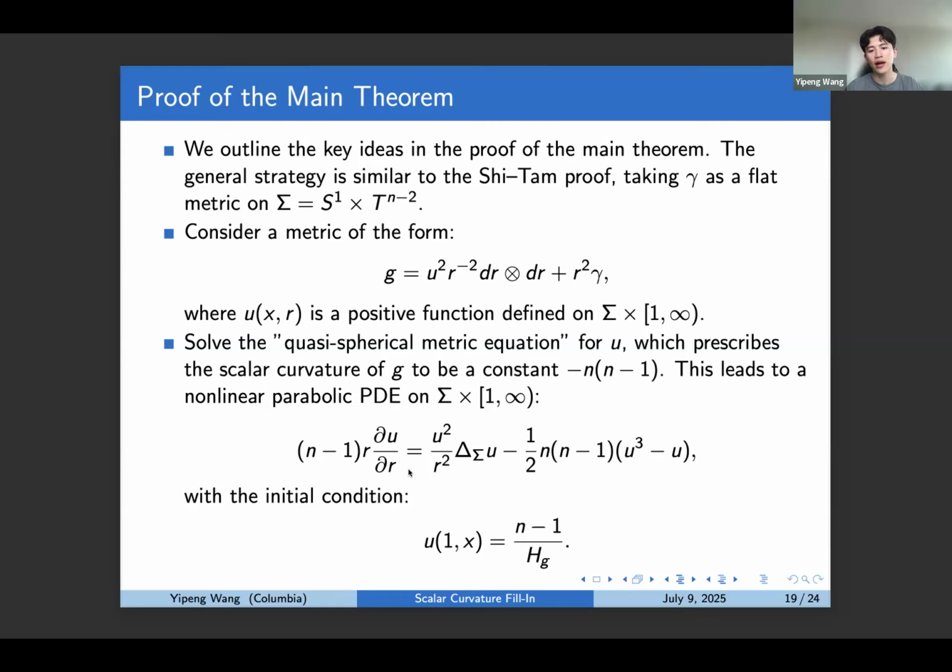And then I want the initial data to match the mean curvature of the filling that I'm trying to have. That will give us the following nonlinear parabolic equation in this form. It's not an easy equation, but you can still manage to solve it.